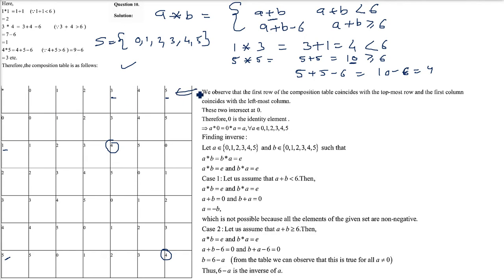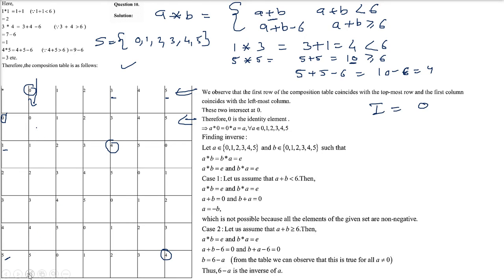If you see the first row and second row, they both are equal. If you see the first column and second column, they are also equal. That means when the values are operated with 0, there is no change. That is why we can easily say that 0 is our identity element. So I is equal to 0, because when a value is operated with 0, it will come back. Now coming to the inverse.